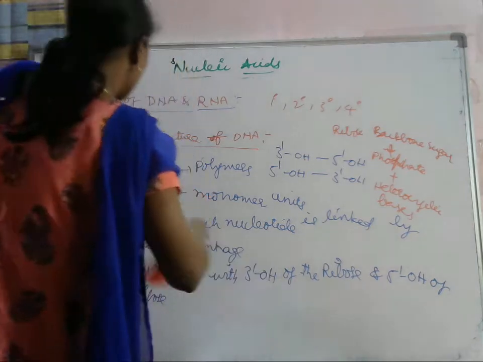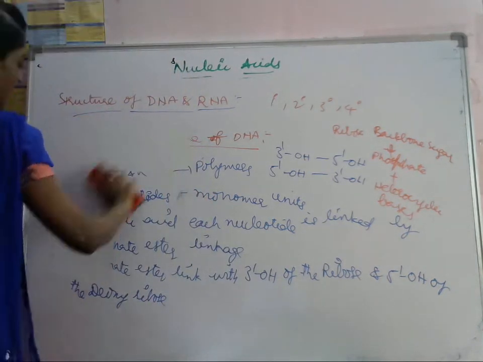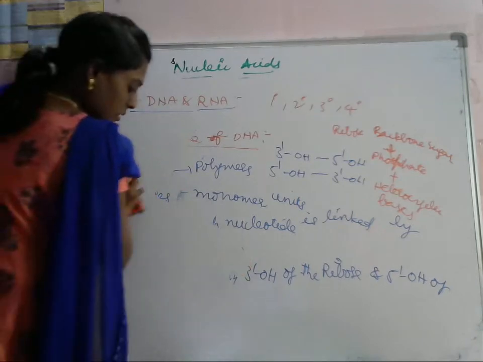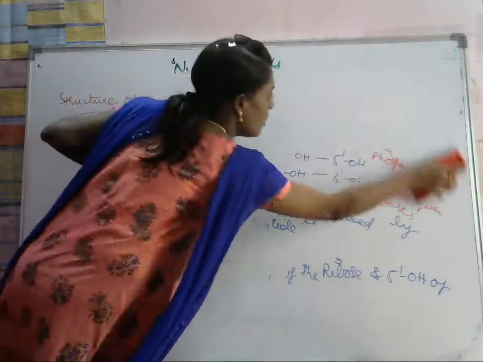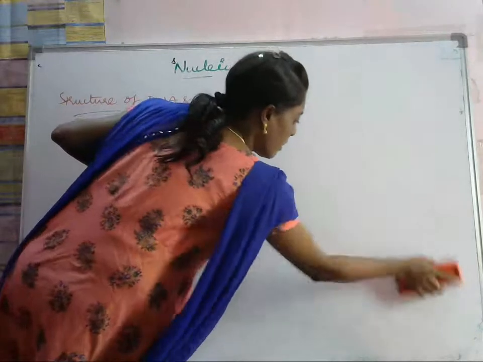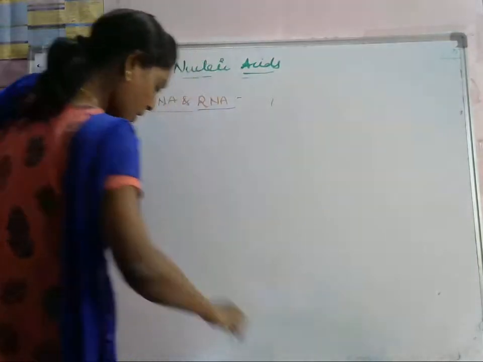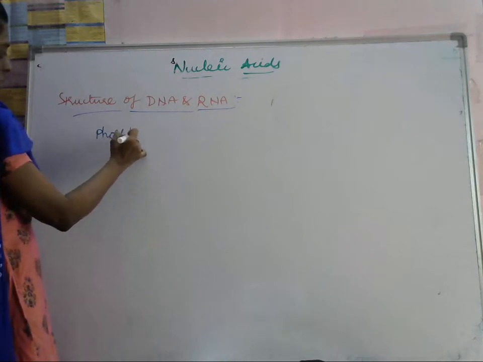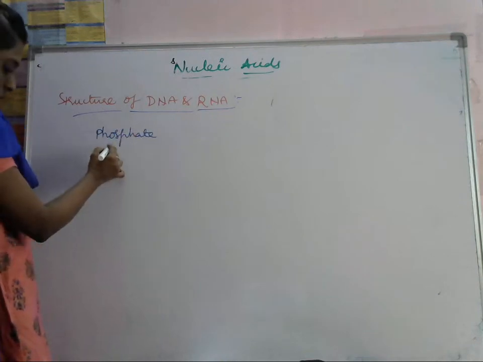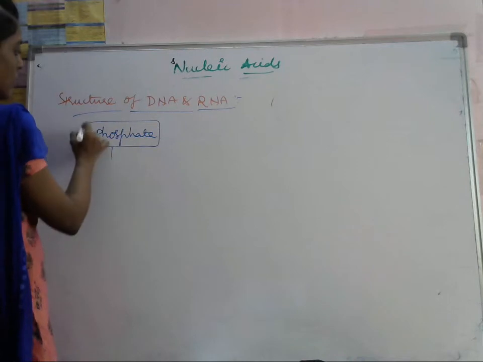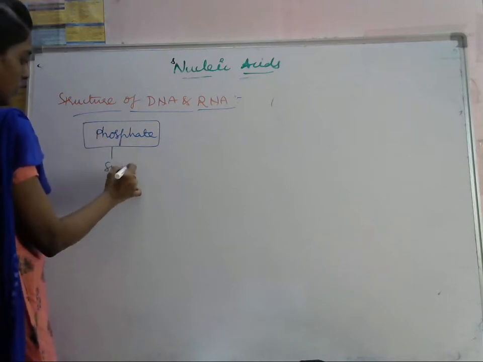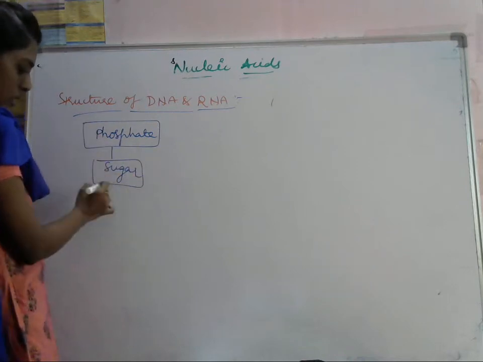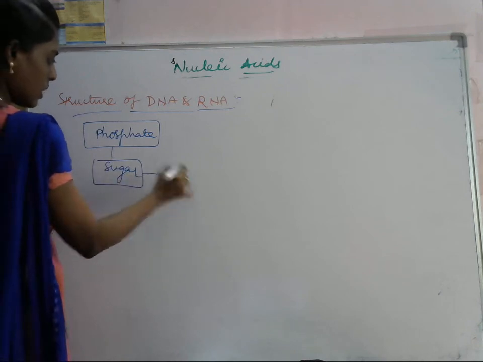So here, how is it linked now? Already we have seen how it is there. Here is a phosphate, then sugar, this one with adenine.